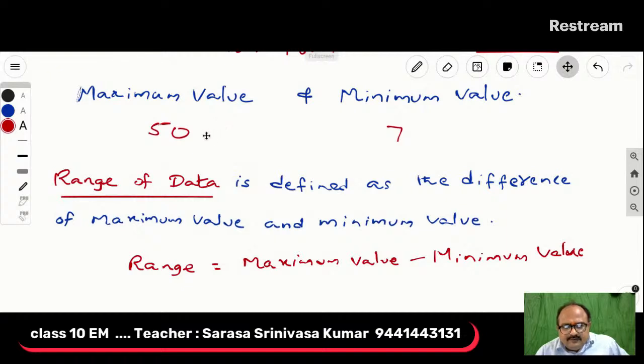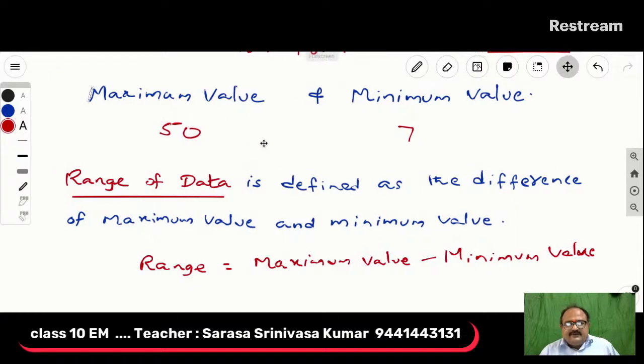In the above example, highest marks obtained by a student is 50, and the least marks obtained by the students is 7 marks. 7 marks are the least marks, 50 marks are the maximum marks.